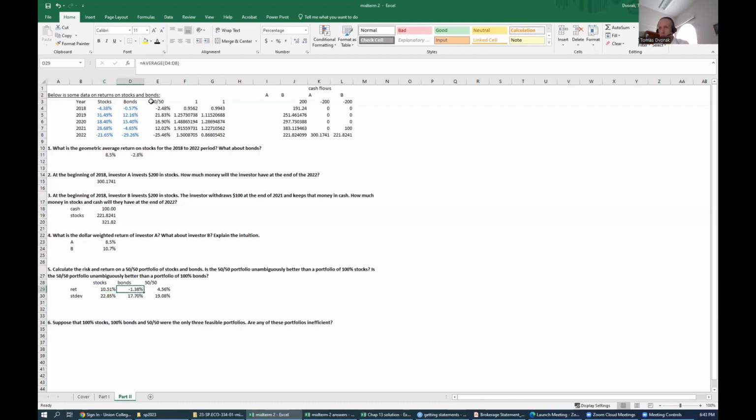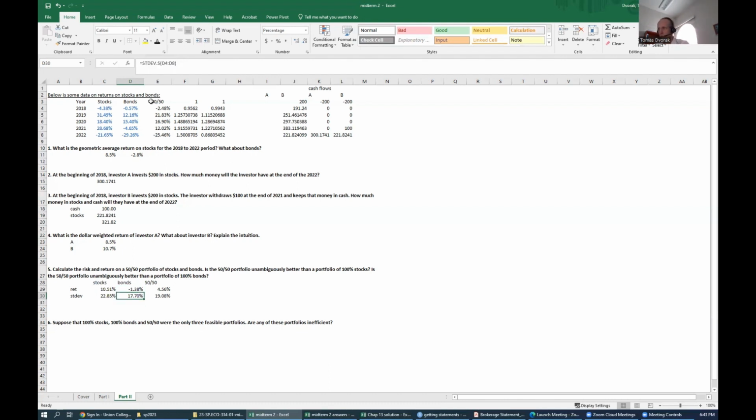Bonds, that's got pretty bad return. But are there any portfolios that have a lower risk than the bond portfolio? No, there aren't. The bond portfolio has the minimum risk.